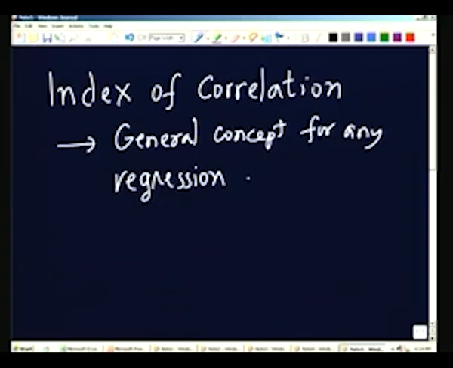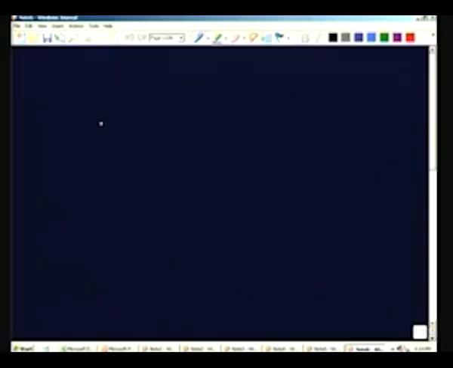It can be even a nonlinear expression involving any complicated expression for any regression analysis. General concept valid for any analysis. So, let me just find out how to do this.